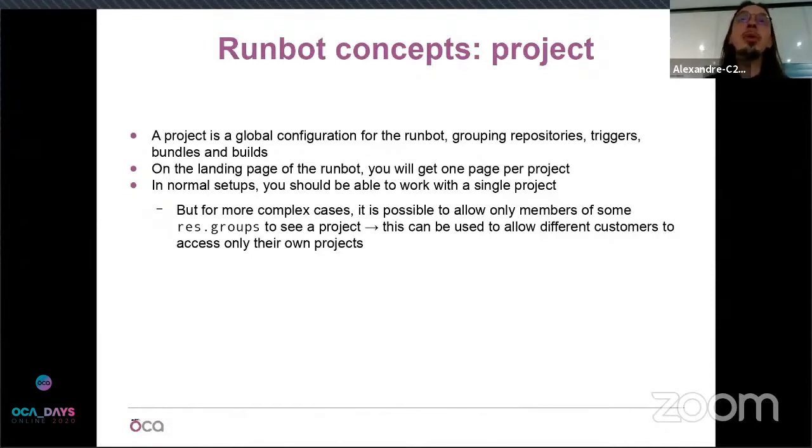Okay, so you have a user, and this user is tied to a group, and the group can be used to segregate projects. Okay, and you only see the projects which belong to your group. So you could use this to provide a Runbot in your company and to have one Runbot or one project per customer, and your customer sees only his project.